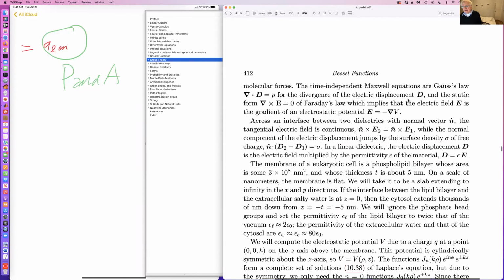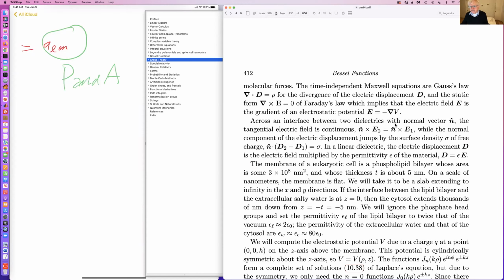The time-independent Maxwell's equations then are Gauss's law, which is the divergence of the electric displacement D, and a static form. Oh, I'm also talking about electrostatics here. A static form, curl E equals 0, Faraday's law, and that implies the electric field is the gradient of a potential.